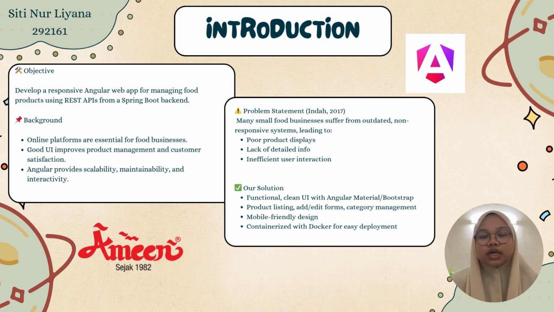To solve this, our team created a modern, clean Angular application that allows users to view and manage food products, add or edit product details, and filter by categories, all with a mobile-friendly design that works across devices. We use CSS to enhance the user interface, and finally we containerize the application using Docker for smoother deployment.